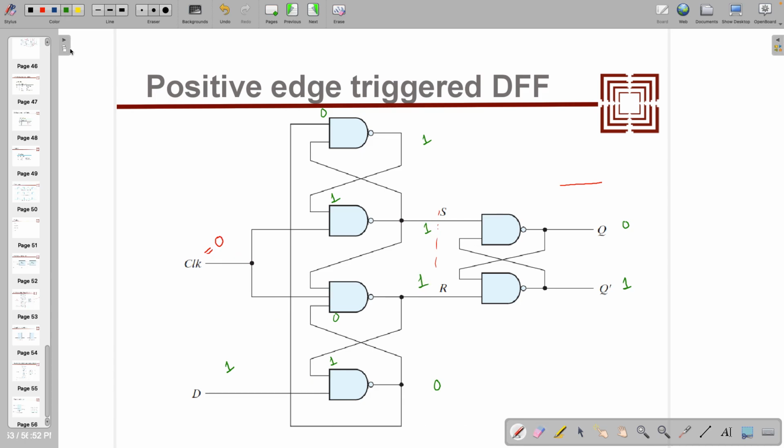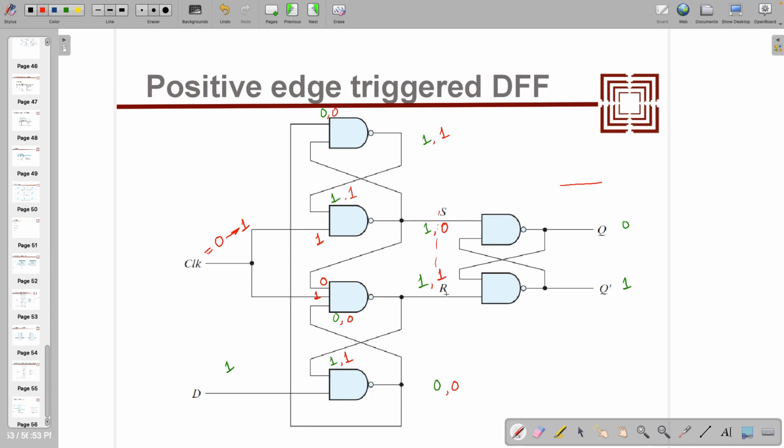Now if we are changing this clock from 0 to 1, because that is most important over here, then what's going to happen? This is 1, this is 1, so 1 and 1 will make it 0, this coming 0, so this will become 1. This 1 goes here, 1 and 1 will make it 0. This 0 goes up, this makes 1, 1 and 1 again 0, right?